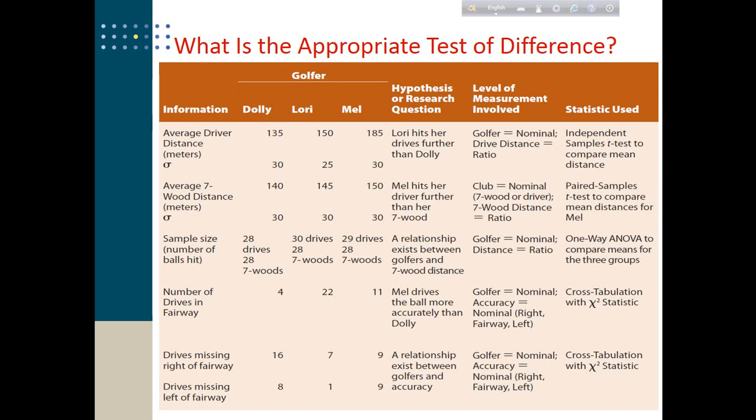What you have is first a nominal variable, golfer, that is Mel and Dolly, and the other variable is accuracy, which is also nominal, like right, fairway, and left. So both variables now are nominal variables. One is golfer, Mel and Dolly, and the other is accuracy: right, fairway, and left. So when you have two nominal scale variables, you should be using the chi-square test.